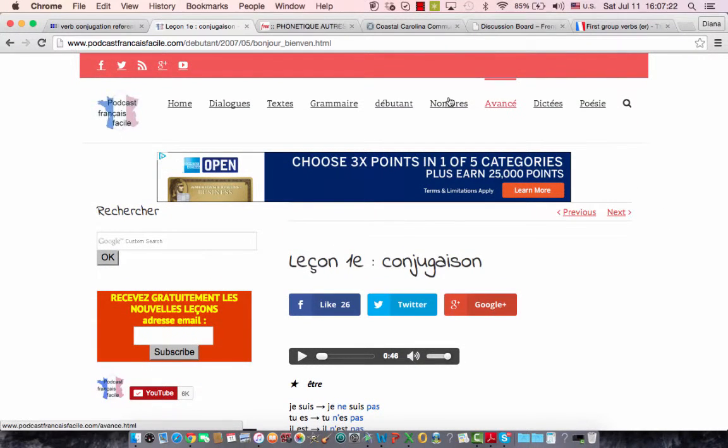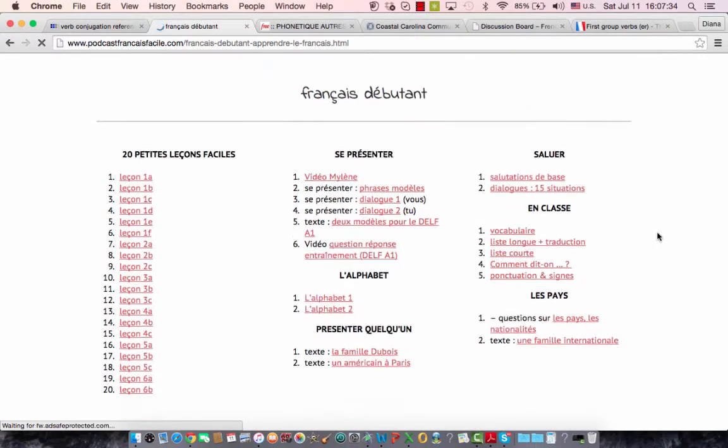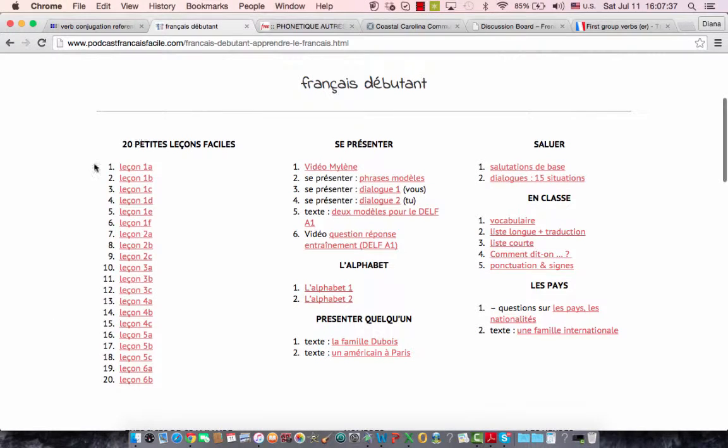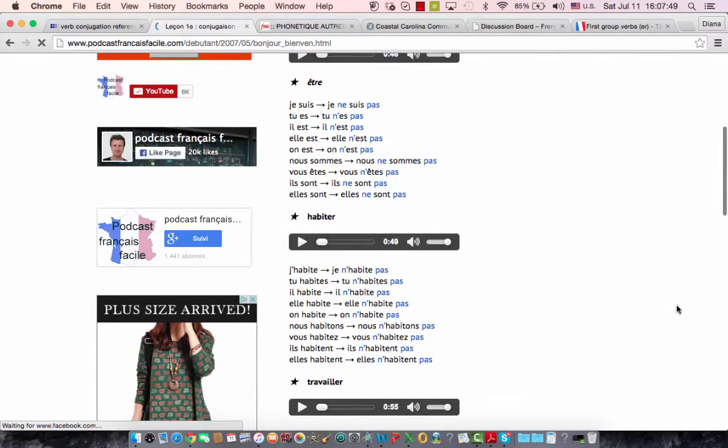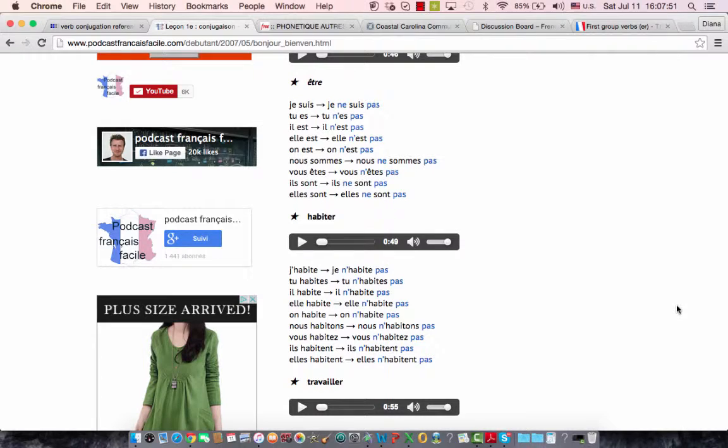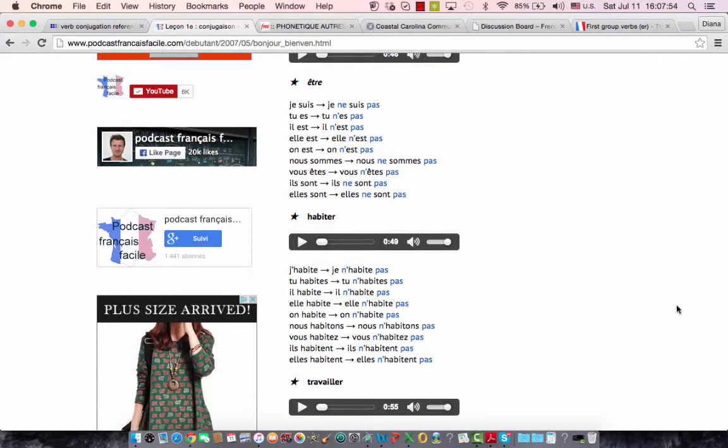The way to get to that is from the débutant link, which actually means beginner in French language. And then you have petit leçon facile, easy lessons, and we were saying it's under 1E. Voilà, conjugaison. Now let's try to put the verb être, habiter, ainsi de suite, in the negative form.